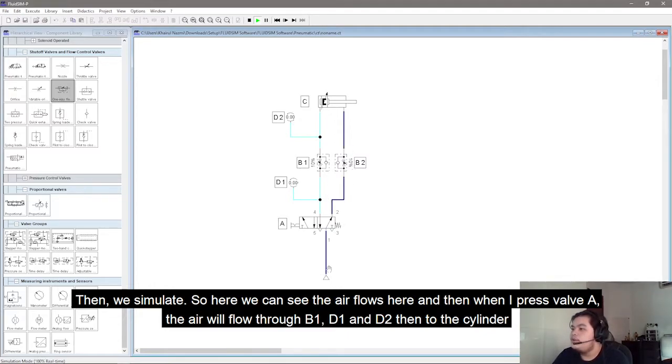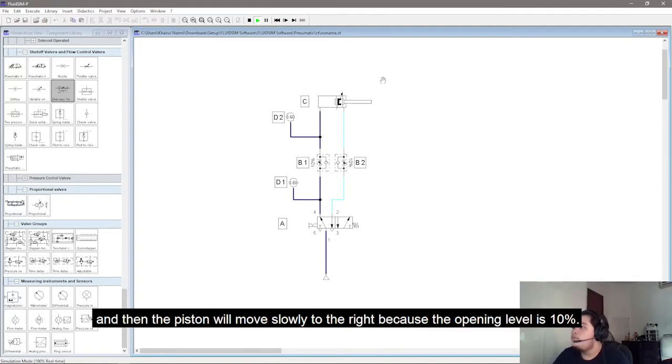Here we can see air flows here. Then when I press valve A, the air flows through B1 and goes into D1, and then goes into D2. After it goes to B1, flows to D2, and then the piston will move.